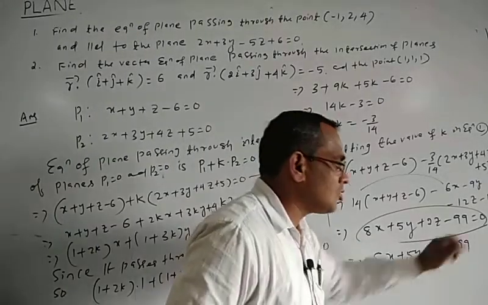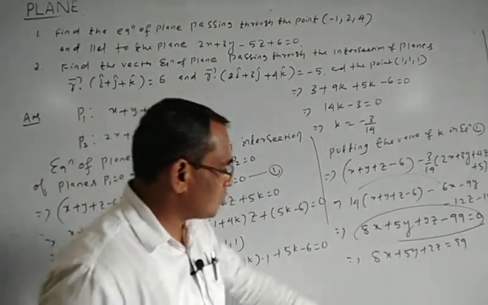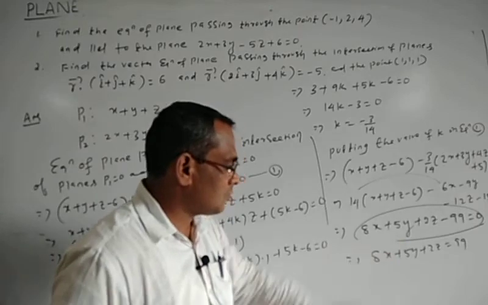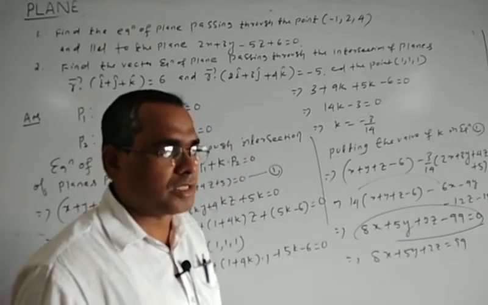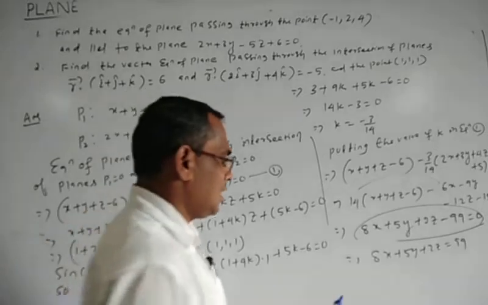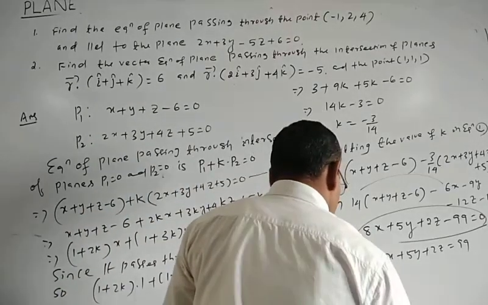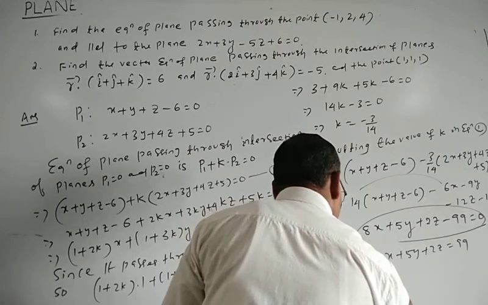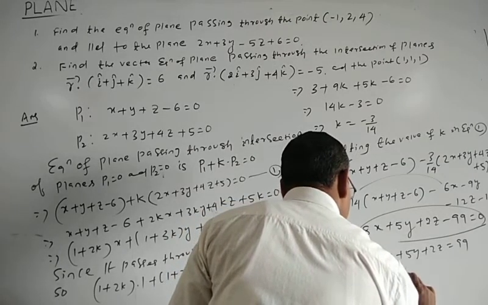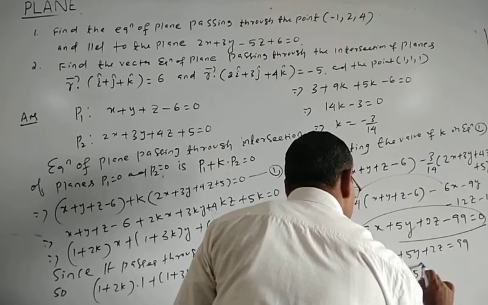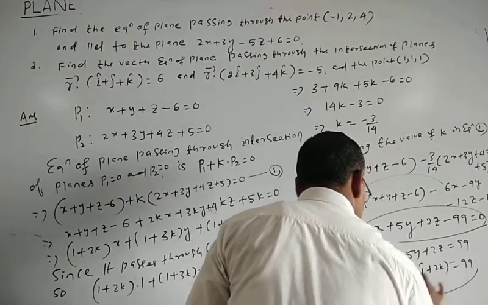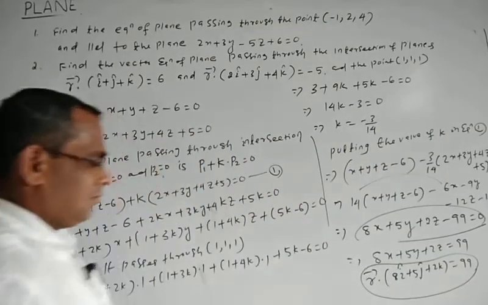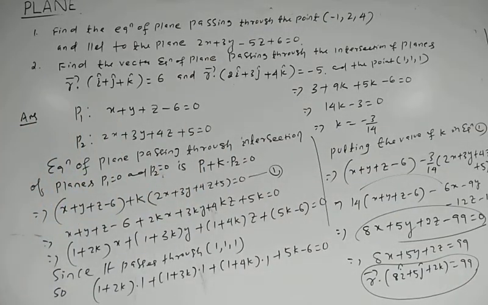So n vector is equal to 8i cap plus 5j cap plus 2k cap, because the coefficients of x, y, z represent the direction ratios of the normal to the plane. So r vector dot 8i cap plus 5j cap plus 2k cap is equal to 99. This is clearly the vector equation of the plane passing through the intersection of the two planes.